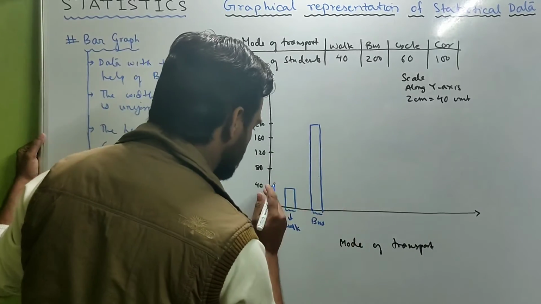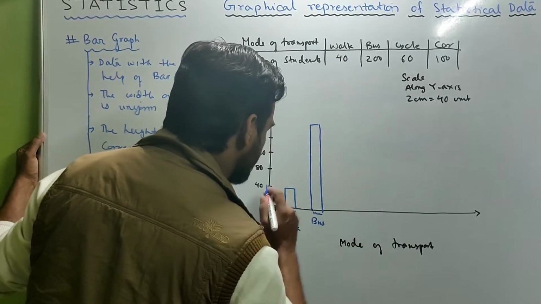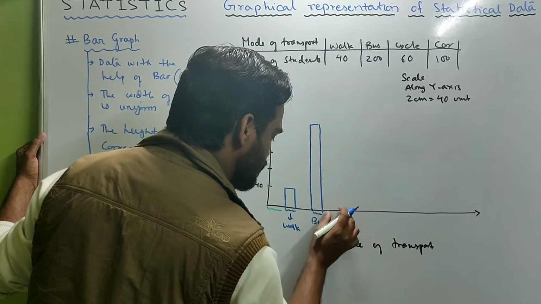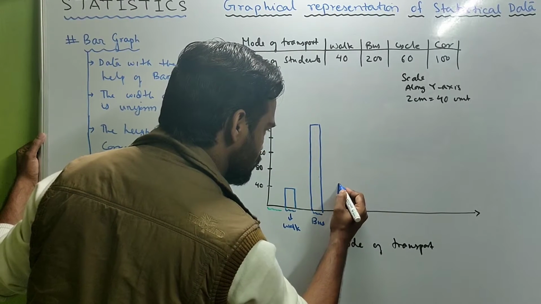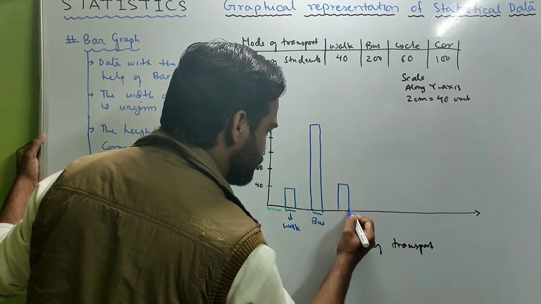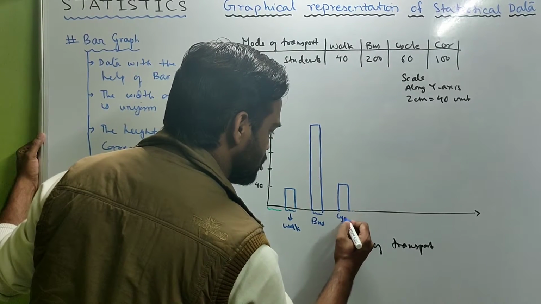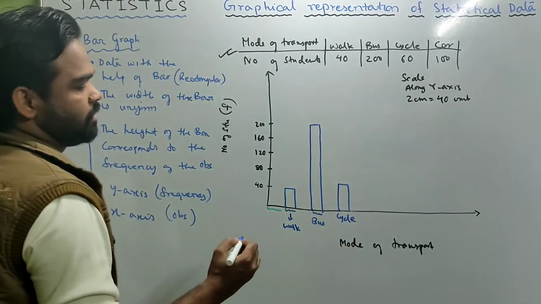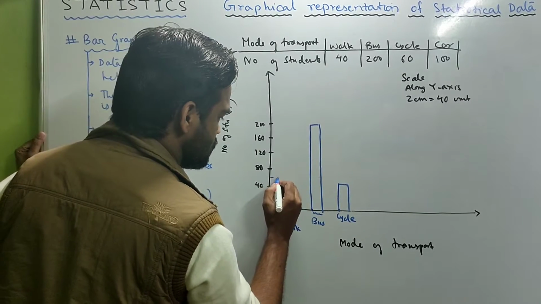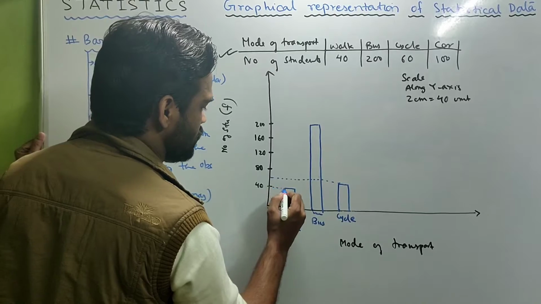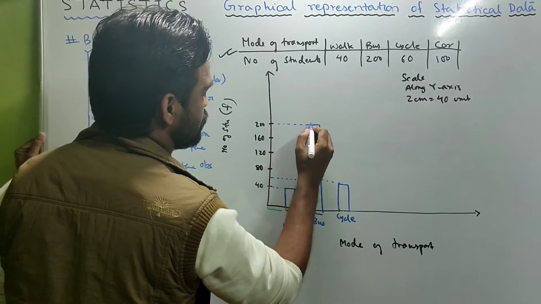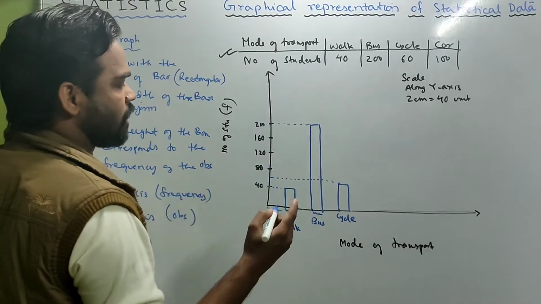Cycling 60. So between 40 and 80, we have 60. I'll again leave a gap of 2 centimeter and I'll draw this bar for cycling. See, 60 is almost here. This was 40, this was 200, and the last one, car, is 100.